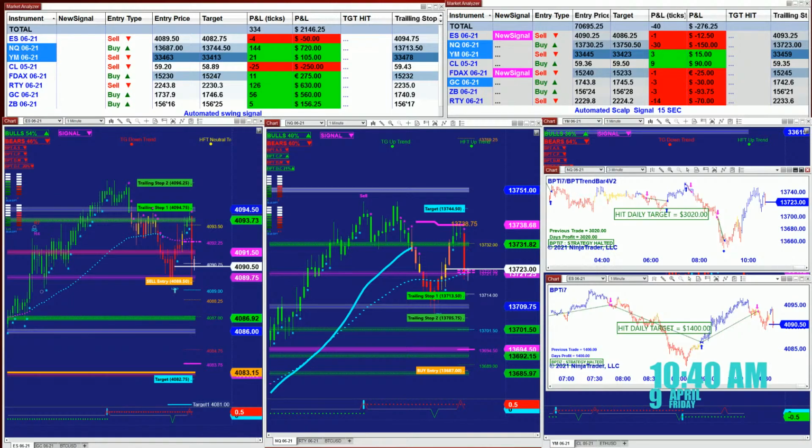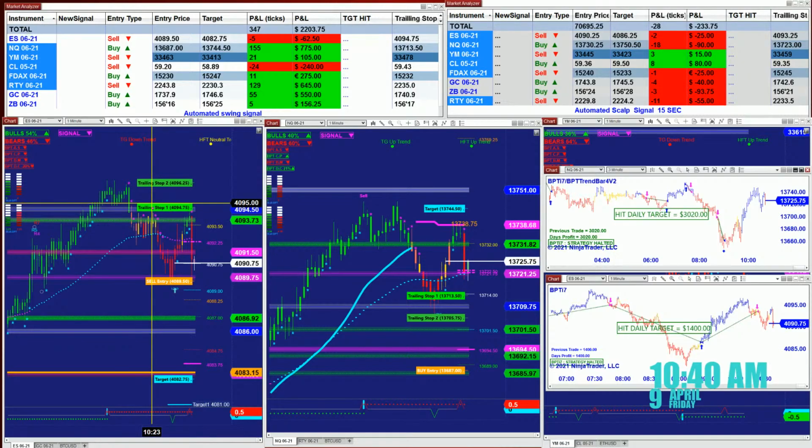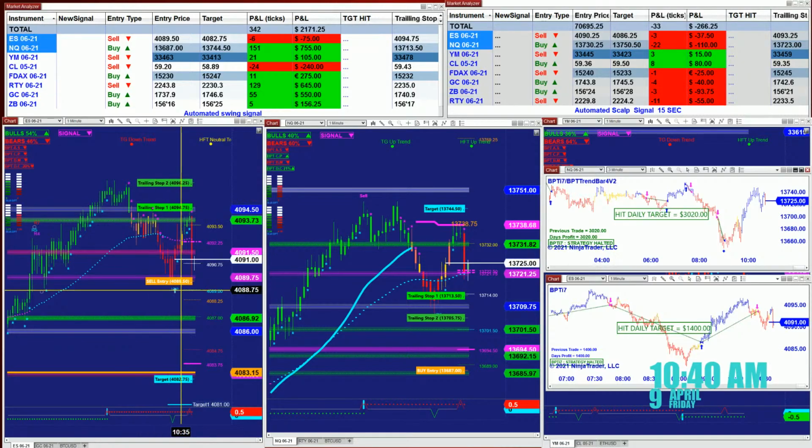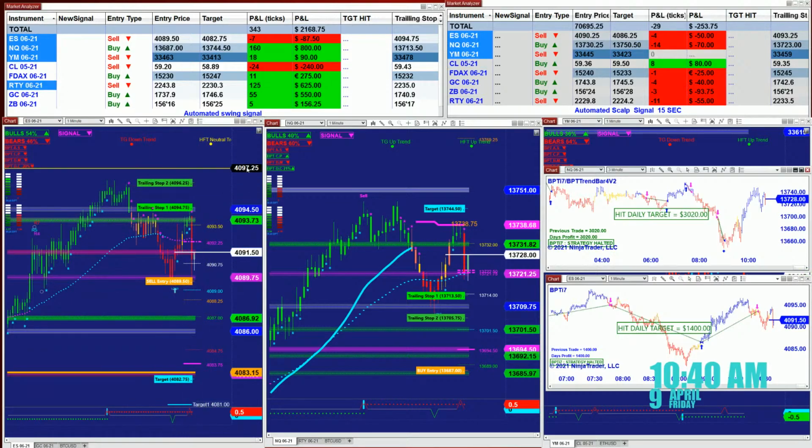But you have this function to put the auto trade on hold until we are above that area here, 40.95, or below the 89.25.